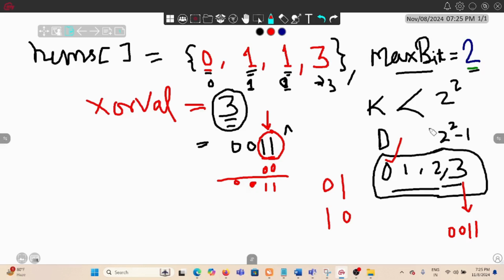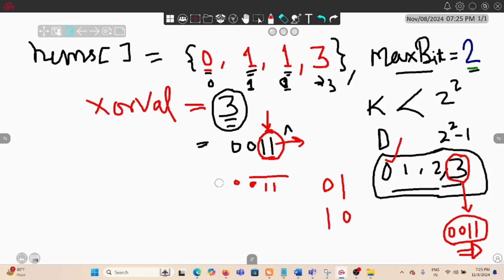And we know that this k would have this, since the largest value 3 can be written like this, 0, 1, 1. So we got an intuition here: whatever number of bits we have set here, if we find the reverse flip of these many bits, we can get our answer. So how can we get that?